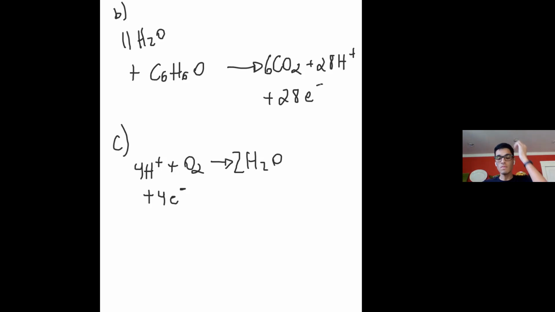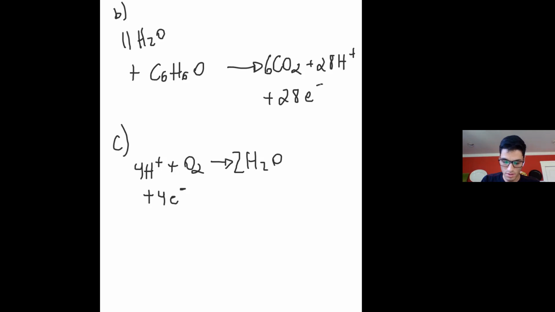All right. So now we are seeing that the equation in part C is consuming electrons, whereas the equation in part B is producing electrons, right? So to calculate part D, which is the balanced redox equation, we need to equalize the amount of electrons, because we cannot have leftover electrons, basically. In the part C equation we have just 4 electrons, and in the part B equation we have 28 electrons. So we need those electrons to be equal.